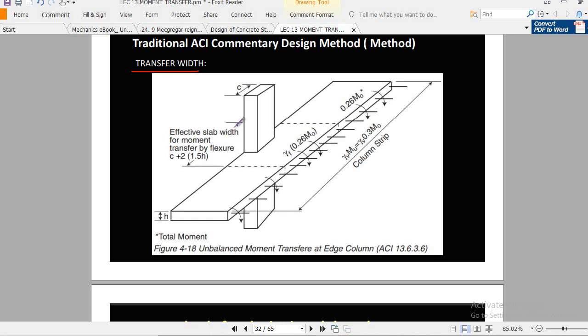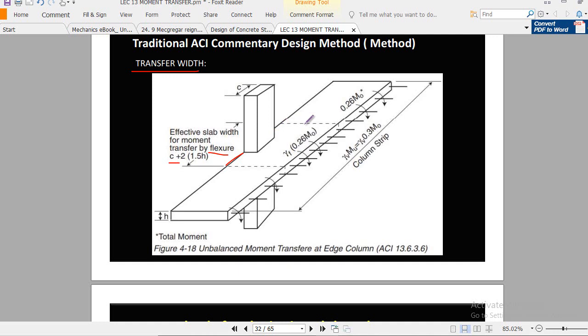The code explains that for an H column, you see here this effective slab width for moment transfer by flexure, remember, by flexure, equals c plus 2 times 1.5 times h on this side and 1.5 times h on that side, right?